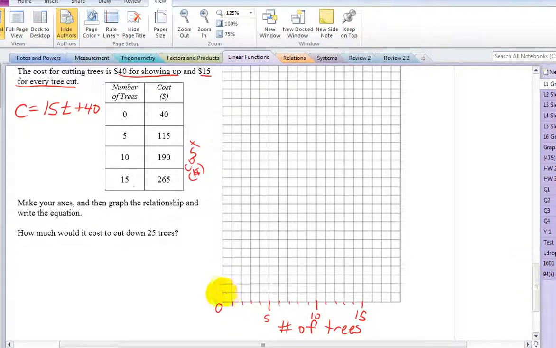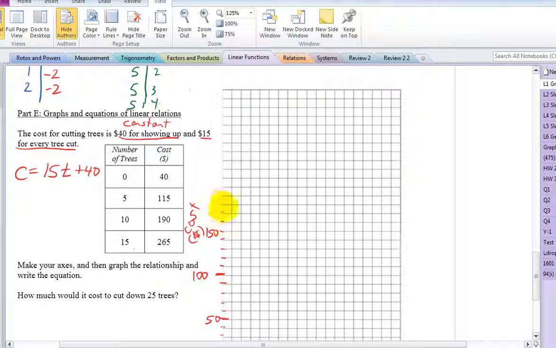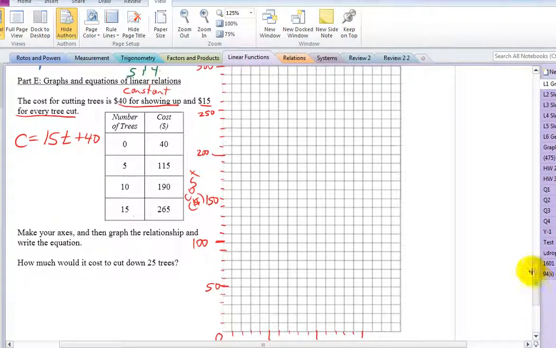And number of trees, we can go up by tens. Okay, so then you can plot your points and make your graph. Go ahead, I'll let you do that.